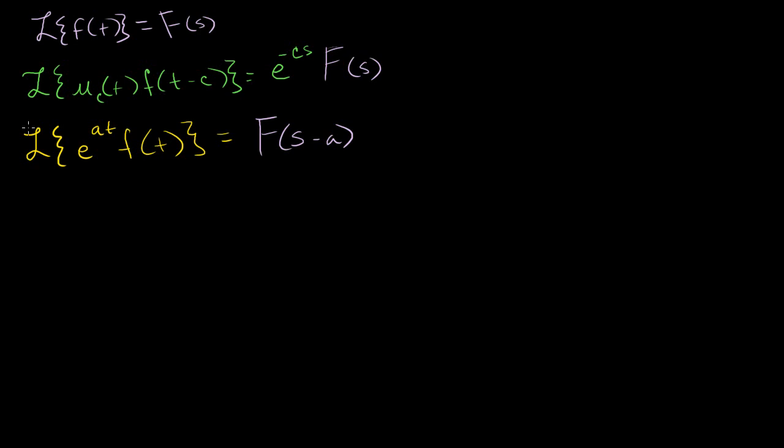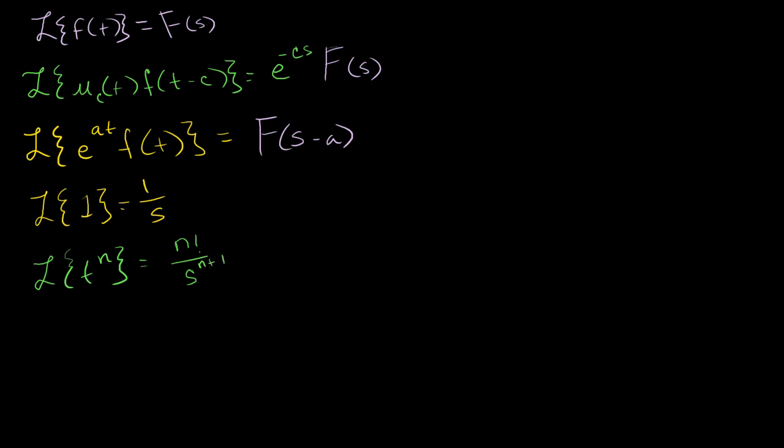The very first thing we learned was that the Laplace transform of 1 is equal to 1 over s. That's a pretty straightforward one, easy to prove to yourself. And more generally, we learned that the Laplace transform of t to the n, where n is a positive integer, equals n factorial over s to the n plus 1.